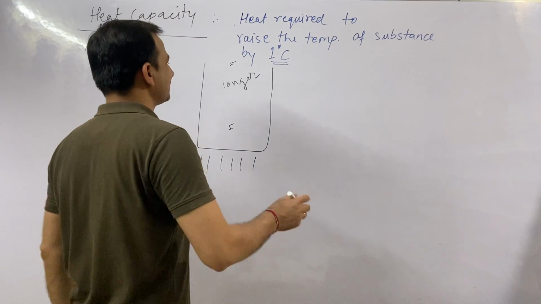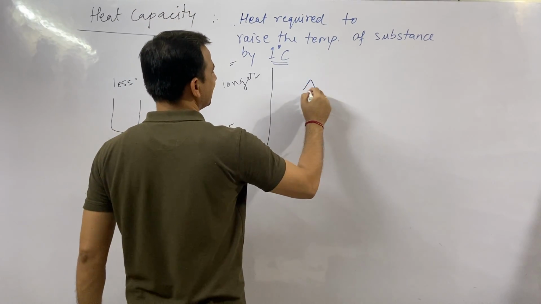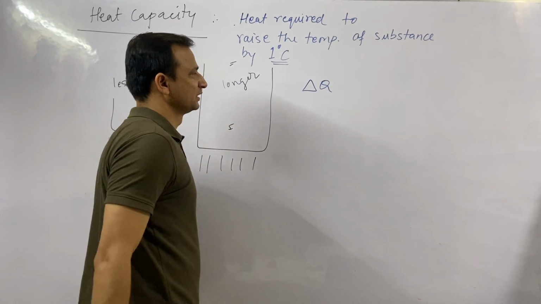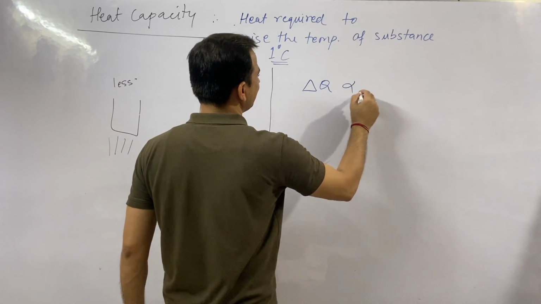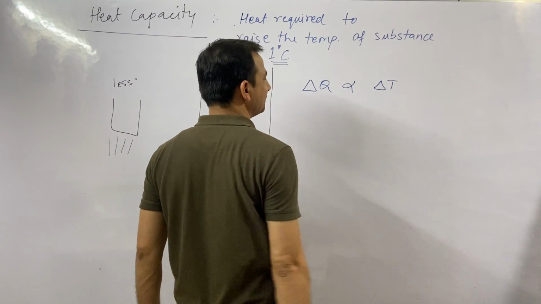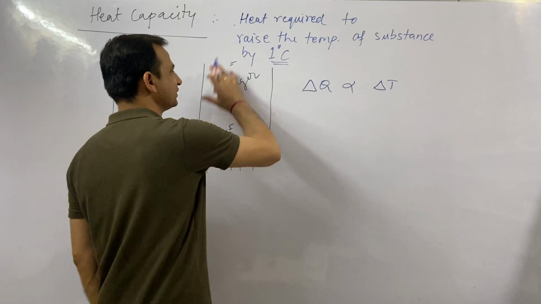So here you can write delta Q is directly proportional to delta T, depending on the quantity of matter.